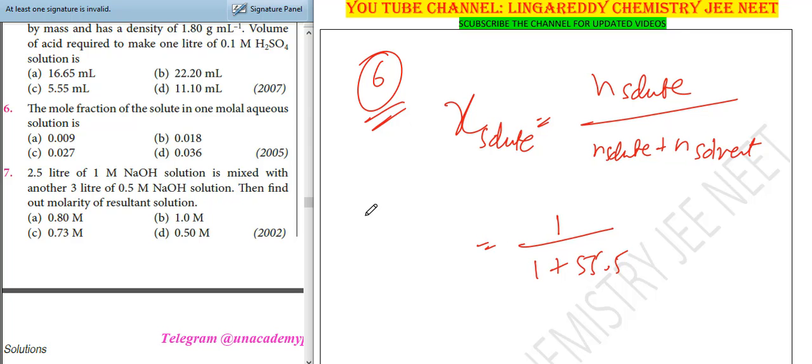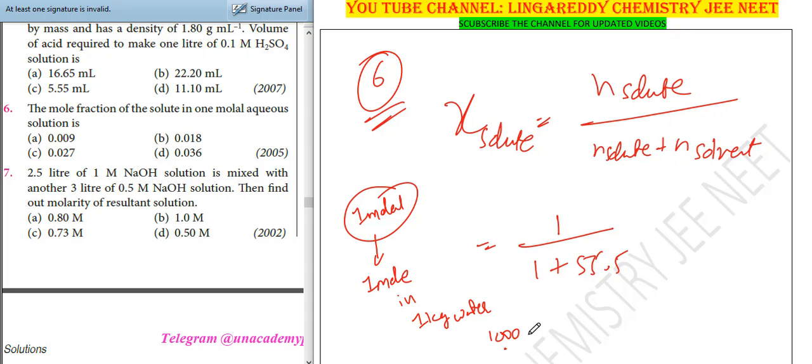Because 1 mole is in 1 kilogram of water. The number of moles of 1 kilogram water is 1000 by 18, which equals 55.5.